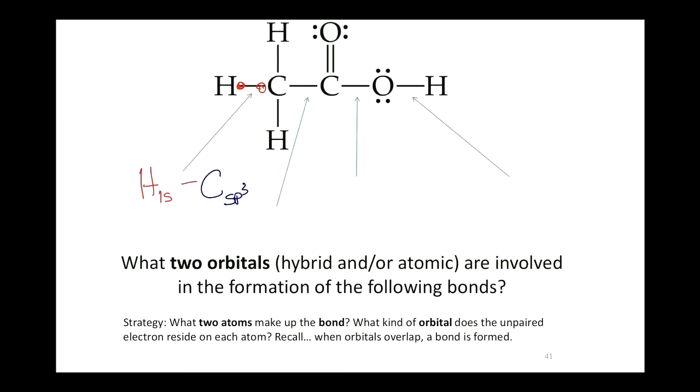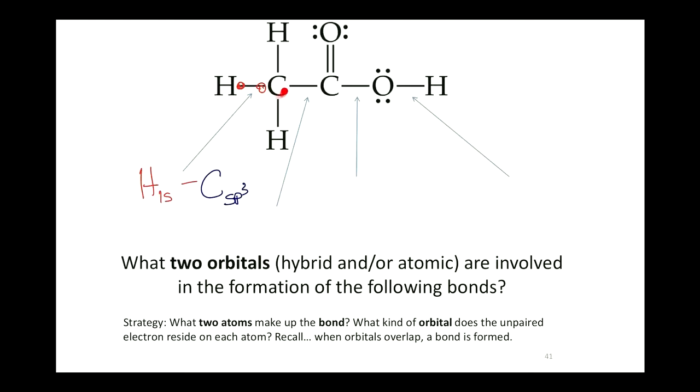Those are the two orbitals that overlap to form that bond. You're just asking yourself, where is the unpaired electron and what orbital is it, because it's orbitals that overlap that produce bonds. So really, this question is no different than the previous question. It's just that we are stating two orbitals. That's it. All right, let's move on to the next one.